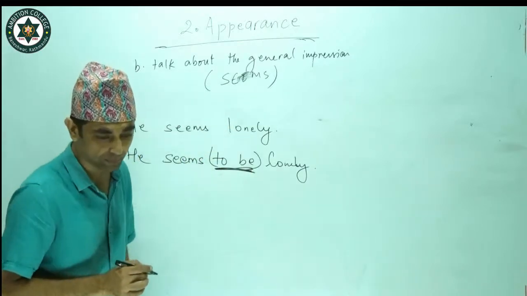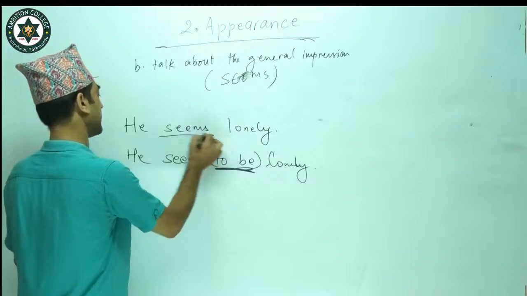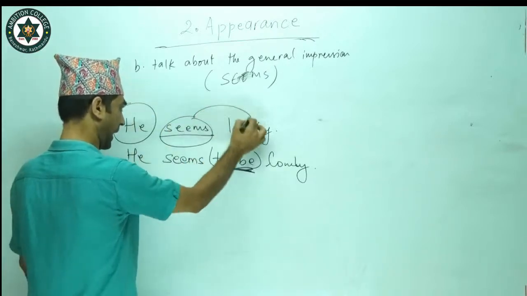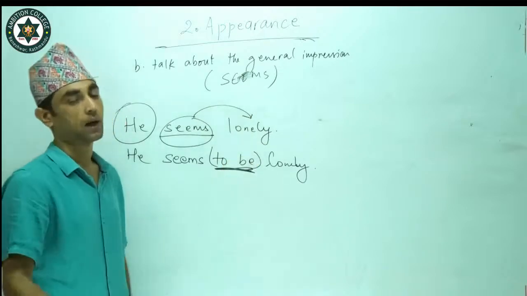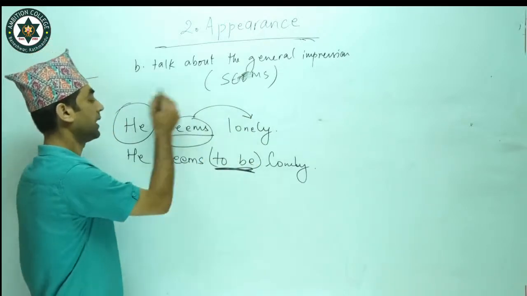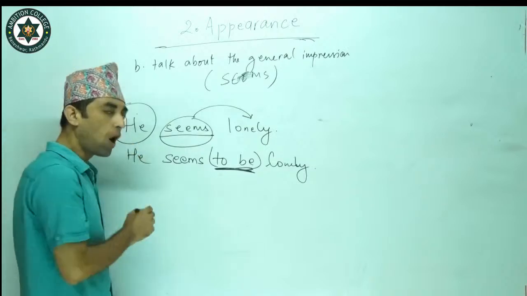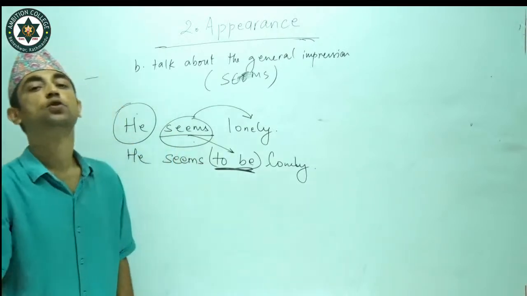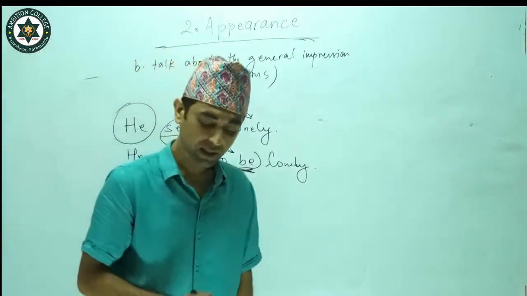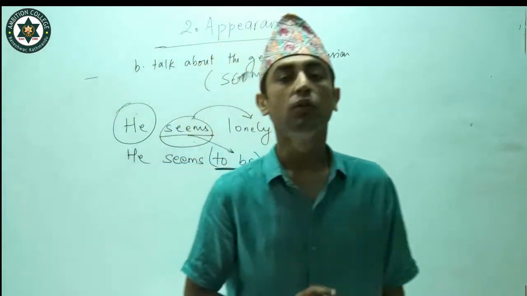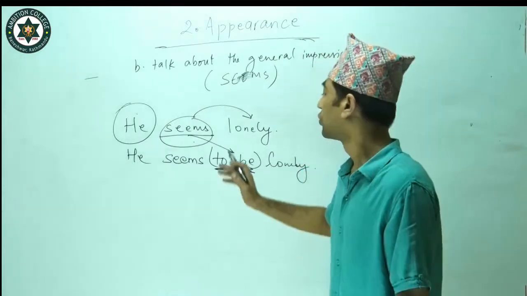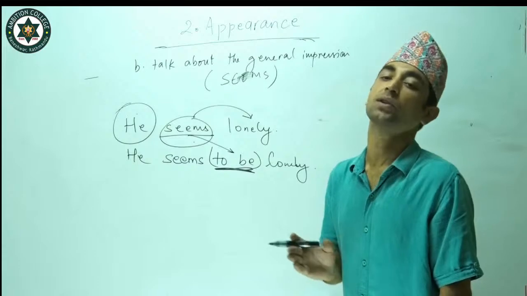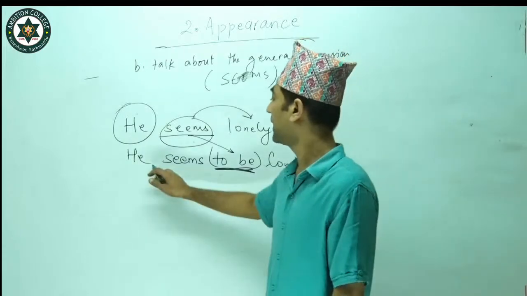We can simply have the subject, seems, and the quality or the complement that we are relating with the subject. Or this seems can also be followed by to be, or to be may not be there.